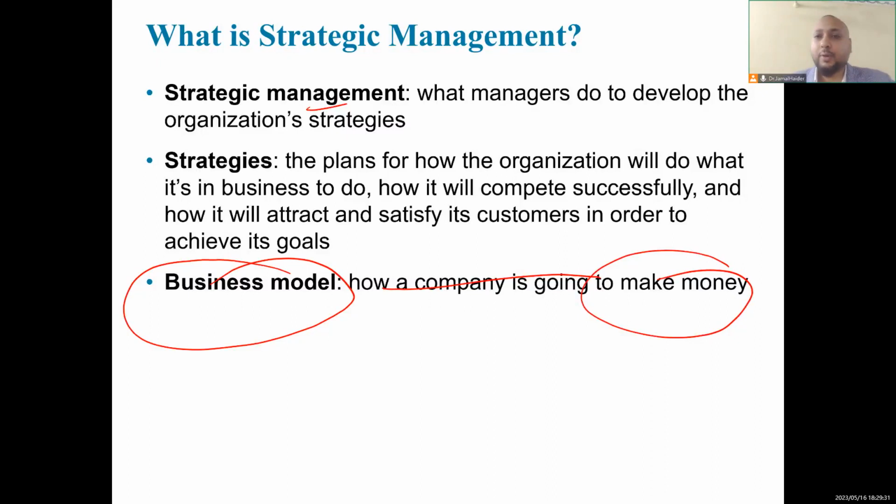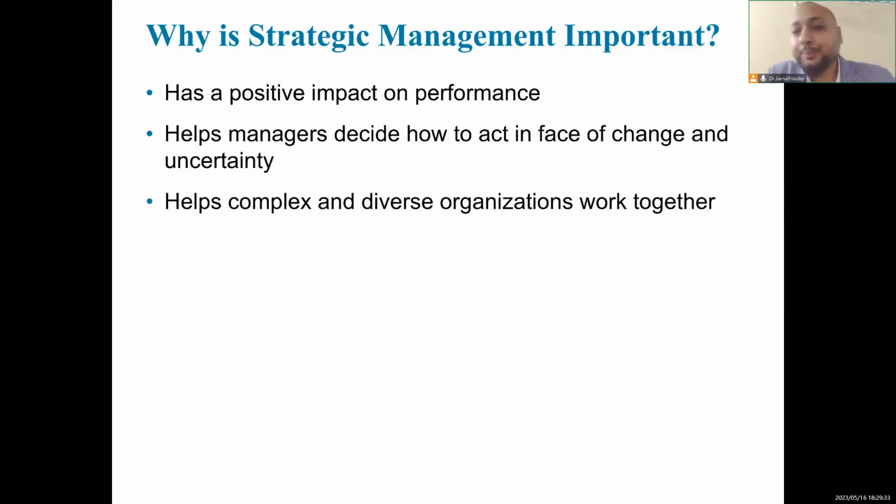Now, let's move forward and talk about why strategic management is so important. There are three reasons. Number one, the most significant one, is that it can make a difference in how well an organization performs. If you don't plan for the long term, how can you plan for the short term?